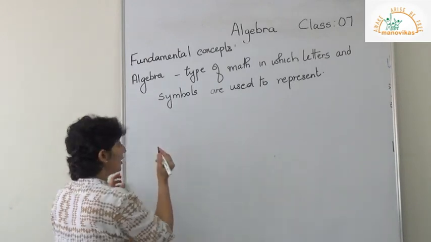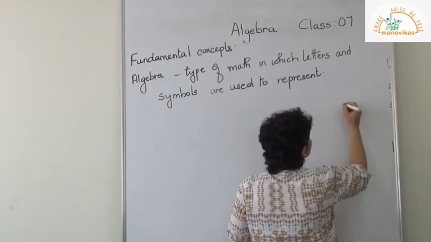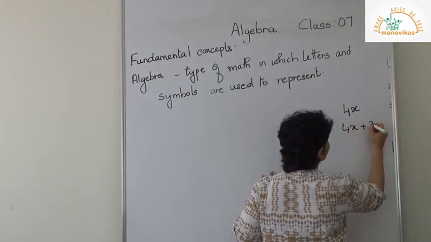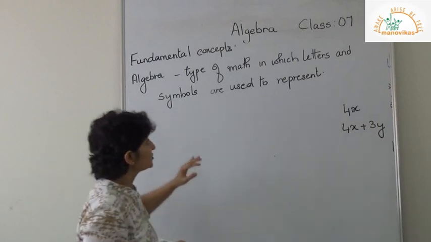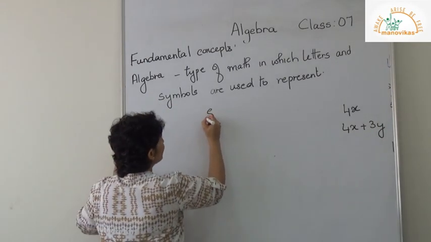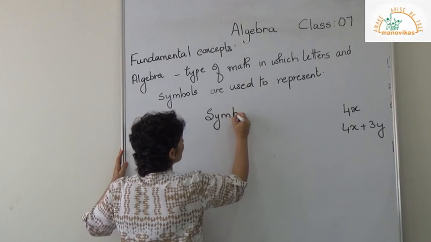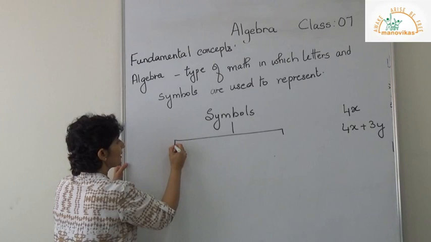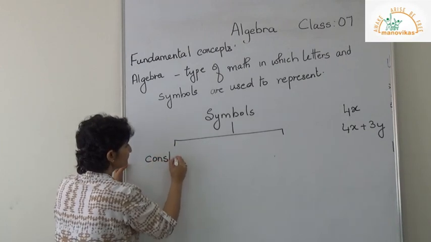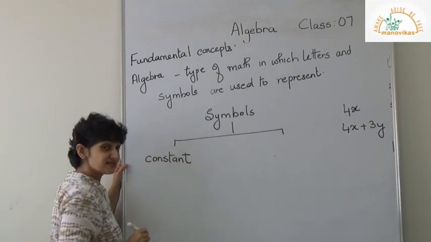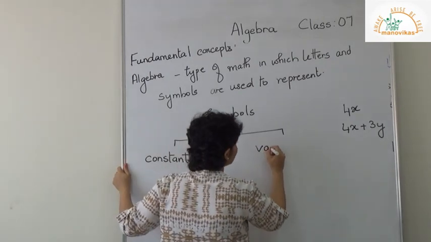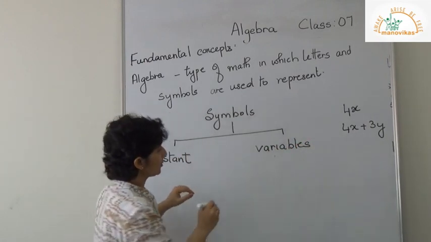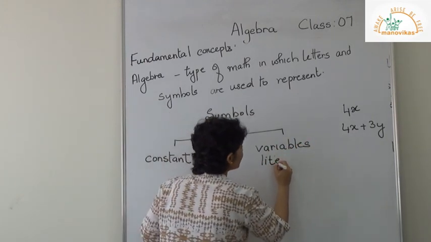Right? Okay. You are already familiar with expressions like 4x or say 4x plus 3y. Right? So, in algebra, you see symbols. Now, these symbols, I can divide them as constants and variables. Alright? Now, variables are also called as literals.